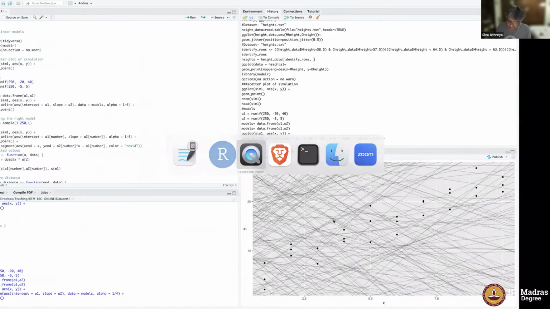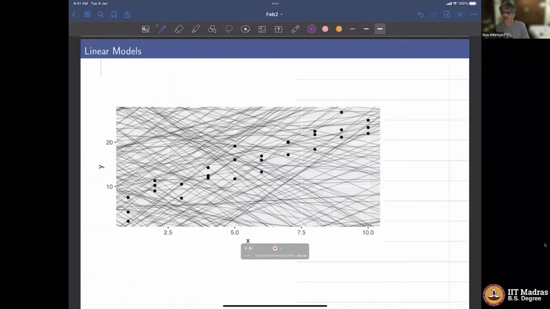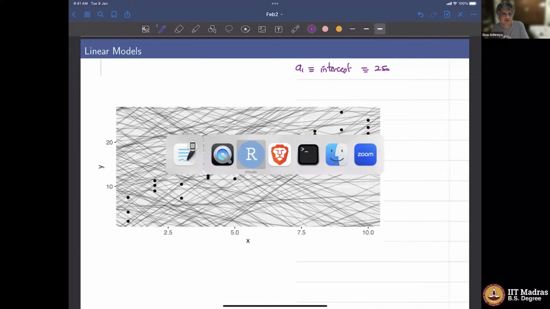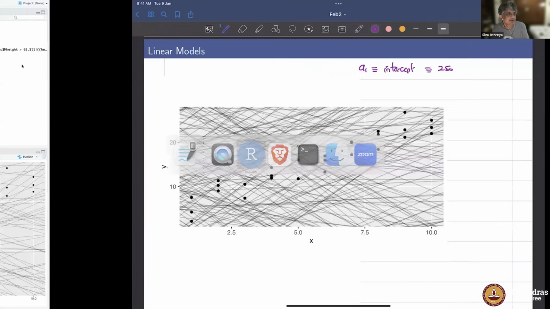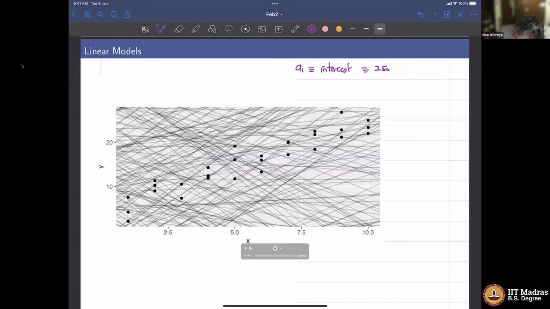So what have we done here? We have taken 250 uniformly chosen random variables. A1 represents the intercept. So we took 250 people uniformly between what number? Let me check. Between -20 and 40. So in the interval -20 to 40, that's where the intercept was, right?